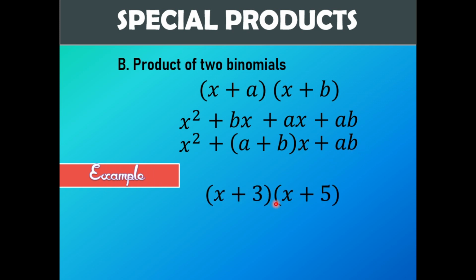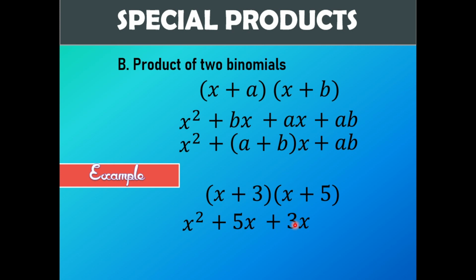Quantity x plus 3 times quantity x plus 5. Using the method I discussed earlier, x times x, or the first terms, will give us x squared. x times positive 5 is positive 5x. 3 times x is 3x.